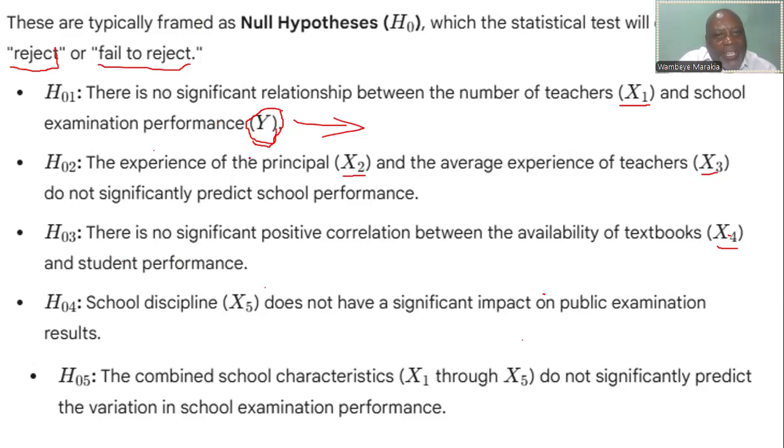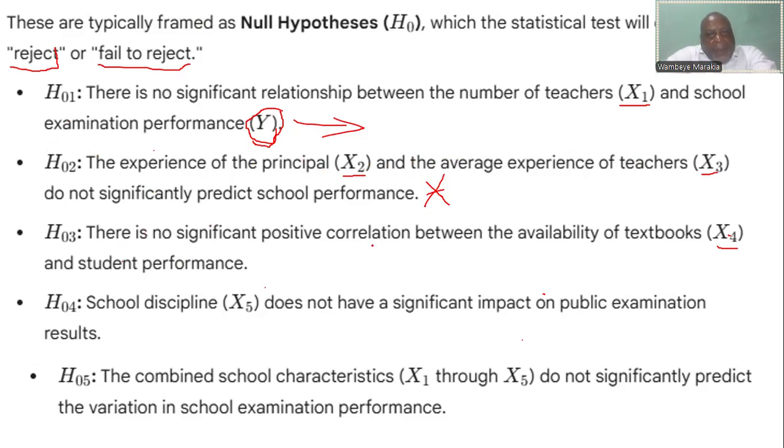Also, we are going to accept this because it is more than 0.05 for the principal's experience. For the principal experience only, because we have to divide this one to produce two hypotheses. So we are going to accept this because it's more than that.